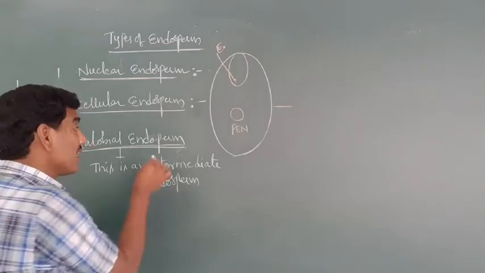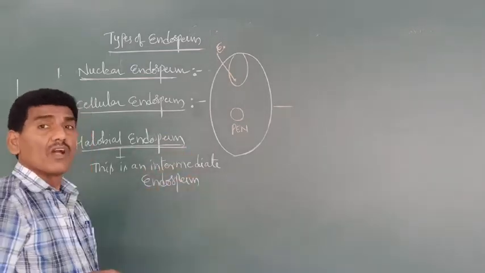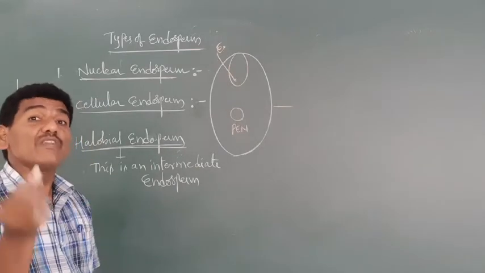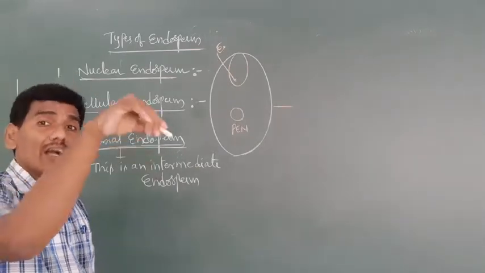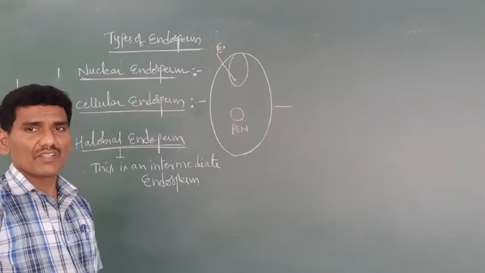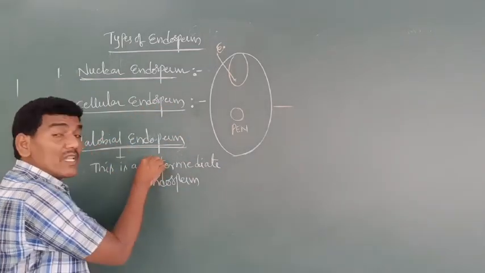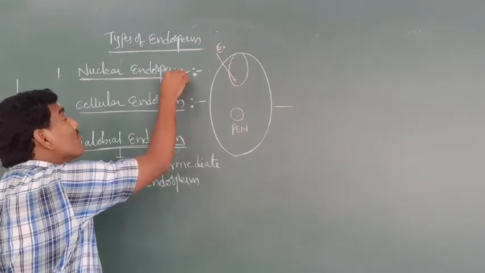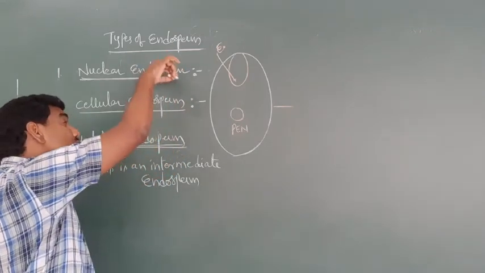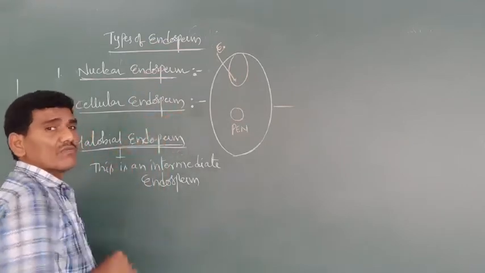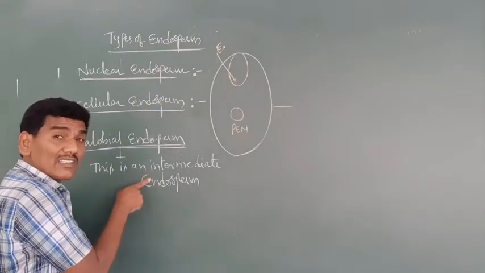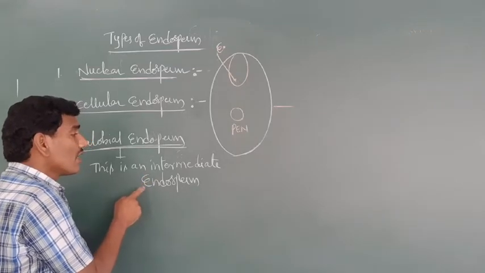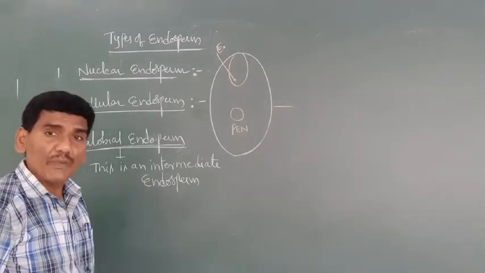Because in the helobial endosperm, a transverse wall is formed, and free nuclear division also occurs inside the embryo sac. Here, helobial endosperm follows both nuclear endosperm as well as cellular endosperm. Two types of characters are involved in helobial endosperm. That's why it is called an intermediate type of endosperm.